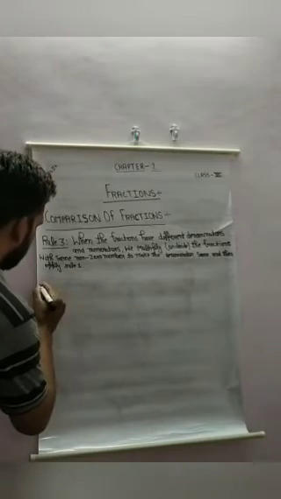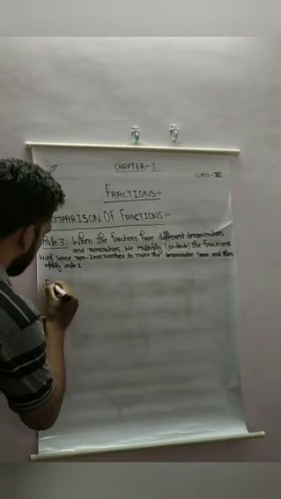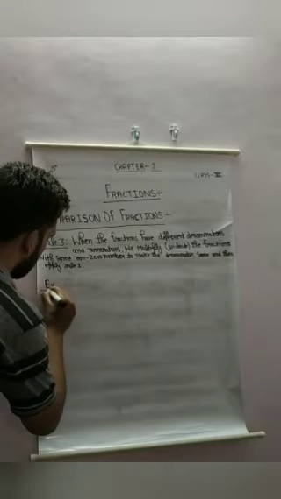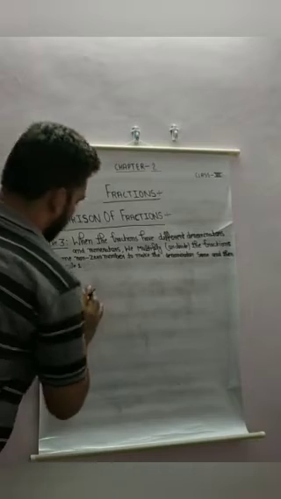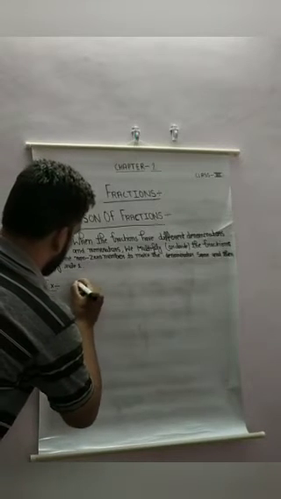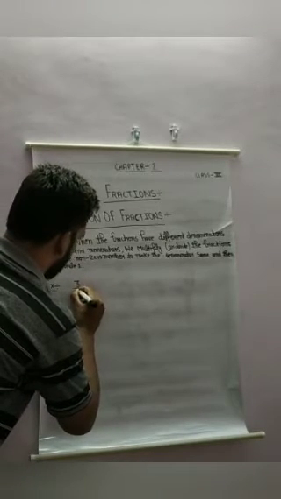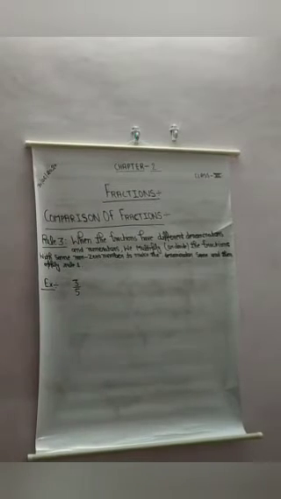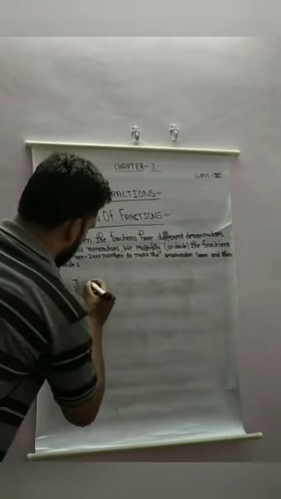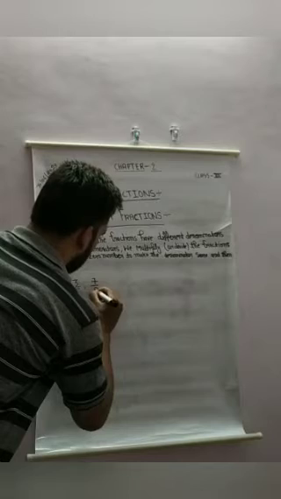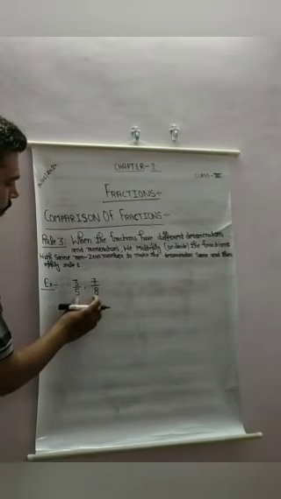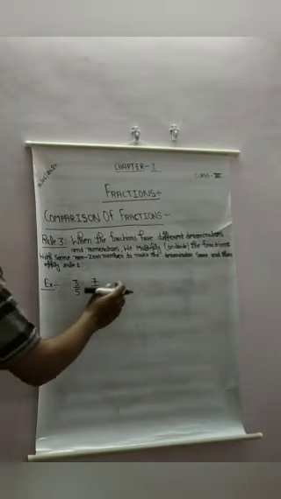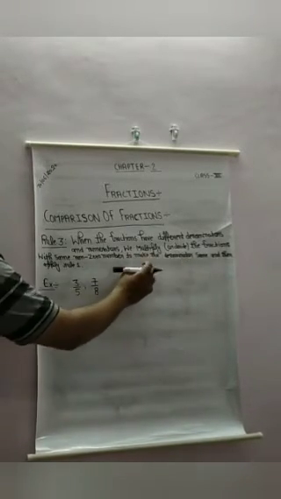For example, suppose we have fractions 3 upon 5, 7 upon 8. How will we compare these fractions? First, we make the denominators the same.